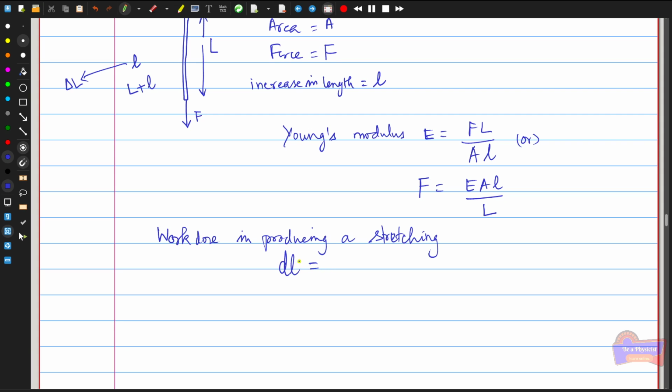To make this small stretching, you have to apply a force F times dl. I know the value of force, that is E A l divided by L into dl. So this is the work done to make the small stretching.